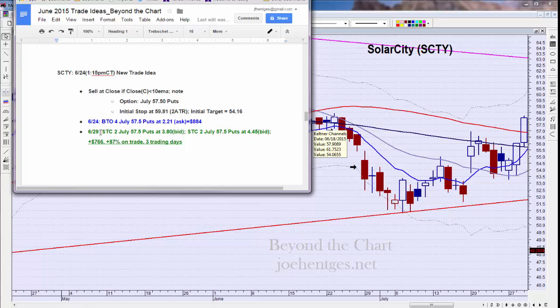Here on the 29th, it hit my initial target. I got in at the end of this day, and in the third day, hit my target. So we exited 2. Then it continued to push down and hit the Keltner channel, and I exited the other 2.